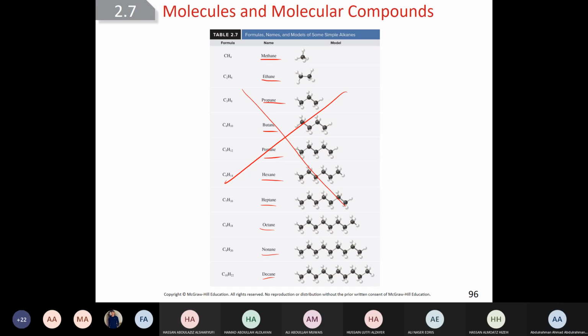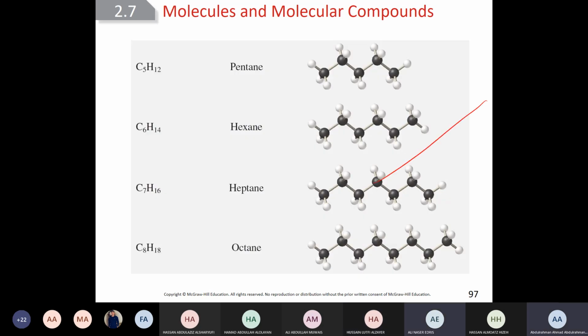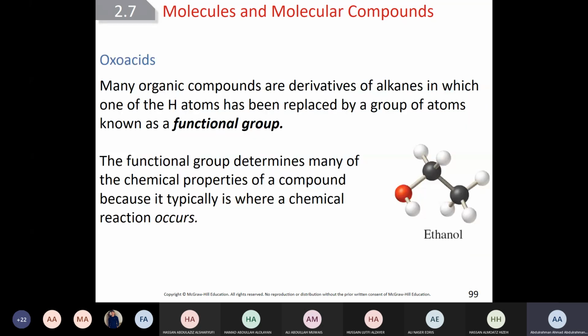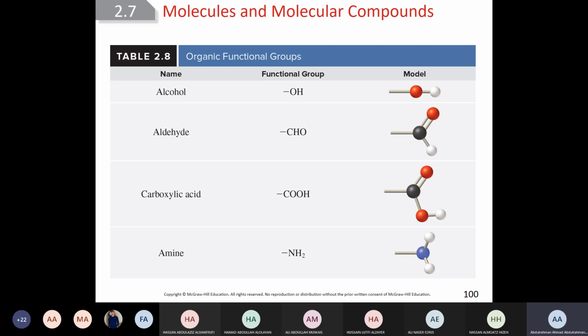Clear? This is required in this course, this is not required. Functional group table is required. Forget about the rest completely.